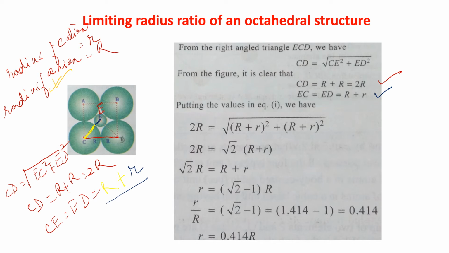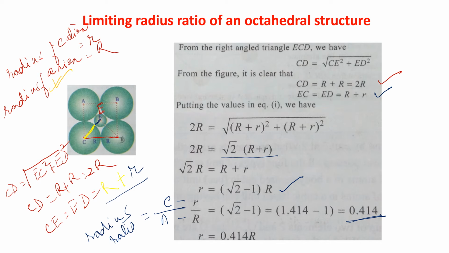Now from there put the value: 2R is equal to root over (R plus r) whole square plus (R plus r) whole square. So it is coming 2R is equal to root 2 (R plus r). From there if you calculate, r is coming to (root 2 minus 1) times R. Now r is the radius of the cation and R is the radius of the anion. So cation by anion is the radius ratio, which is coming to 0.414.